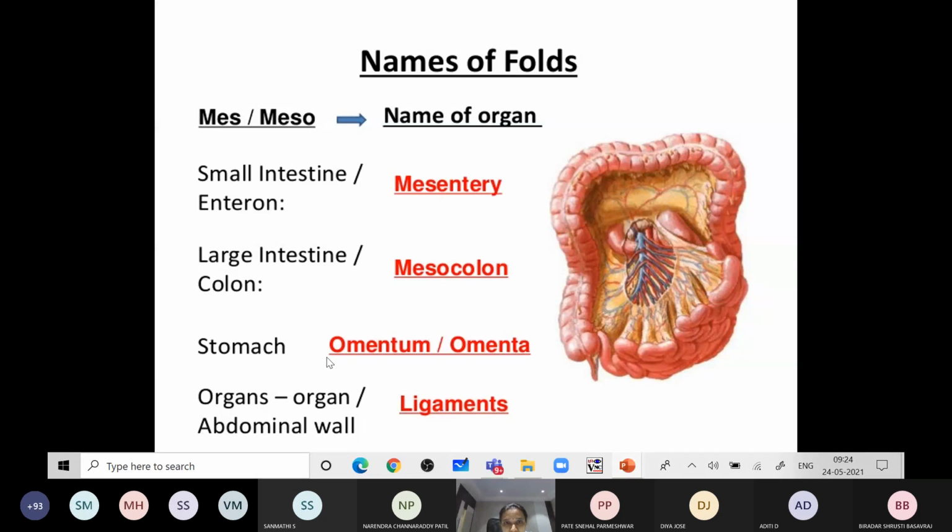The folds of the peritoneum which cover the stomach are called omentum: lesser omentum, greater omentum. And different ligaments connect the organs to the abdominal wall, such as the lienorenal ligament, gastrosplenic ligament, falciform ligament.